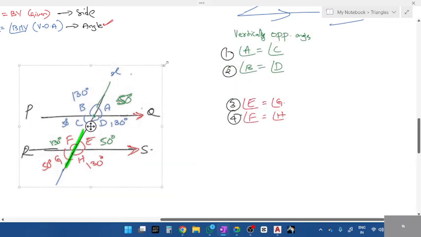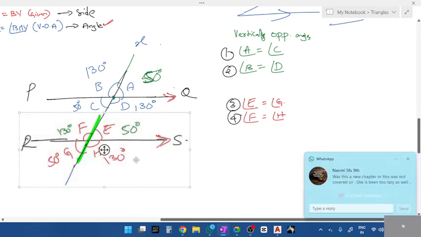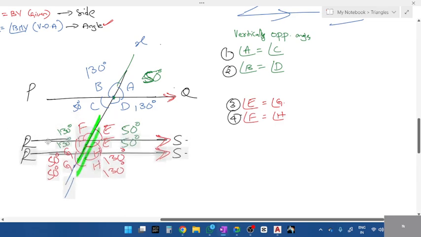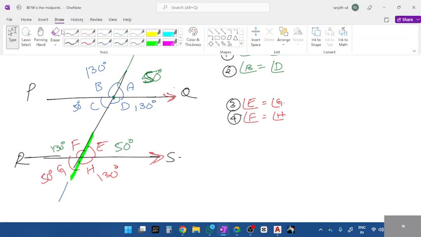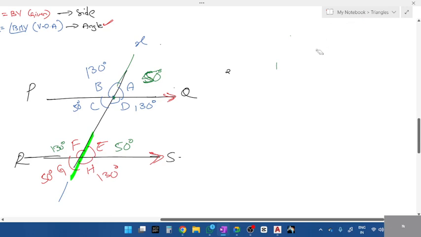Next one. Okay, the vertically opposite concept is done. These are the vertically opposite angles.